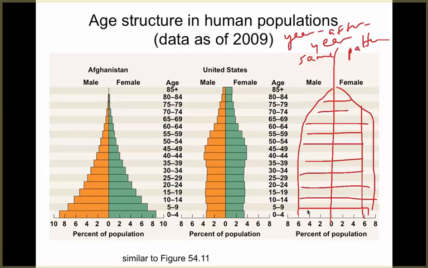If, year after year, there's relatively low mortality, then you would expect every year the individuals in one particular class, since these are going up by 5-year classes, every 5 years you would expect this group to graduate to be this group, and this group to graduate to be that group, and so on.